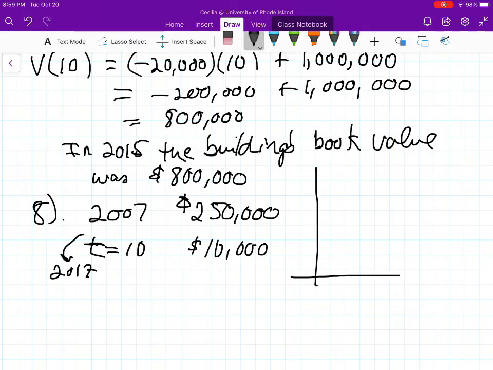Okay, so let's go ahead and graph this to get an idea of what we're talking about. So first of all, we know that time is on the x-axis, not x, and our time 0 corresponds with 2007, because that's when National Textile purchased the machine for $250,000. So we'll put that as our y-axis. Okay, and then we're going to put our other information that we have onto our little graph. We know that at 10 years, the scrap value is going to be $10,000.